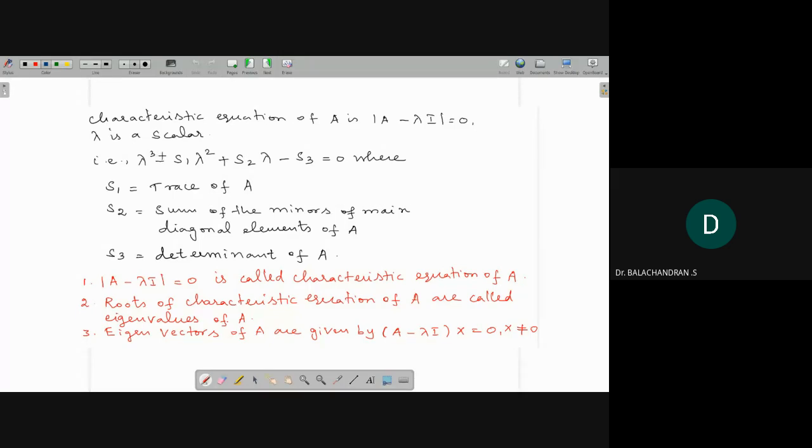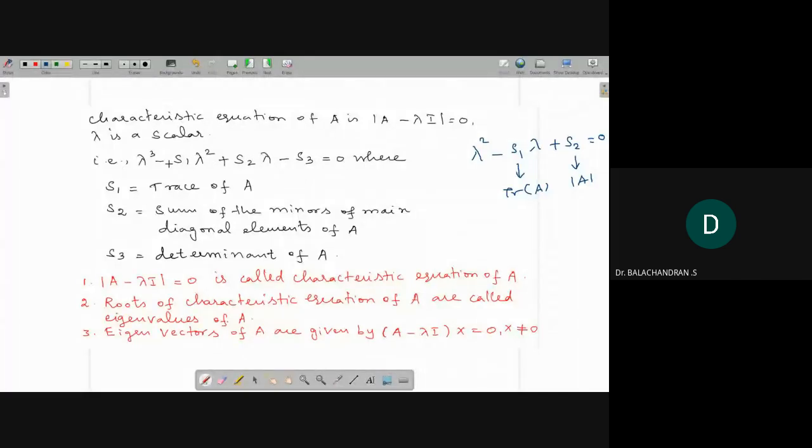In the previous case, A is a 2 by 2 matrix. That's why you got a quadratic equation in lambda. So in the previous case, the characteristic equation is lambda square minus S1 into lambda plus S2 equal to 0, where S1 is the trace of A and S2 is the determinant of A. But here, lambda cube minus S1 into lambda square plus S2 into lambda minus S3 equal to 0.